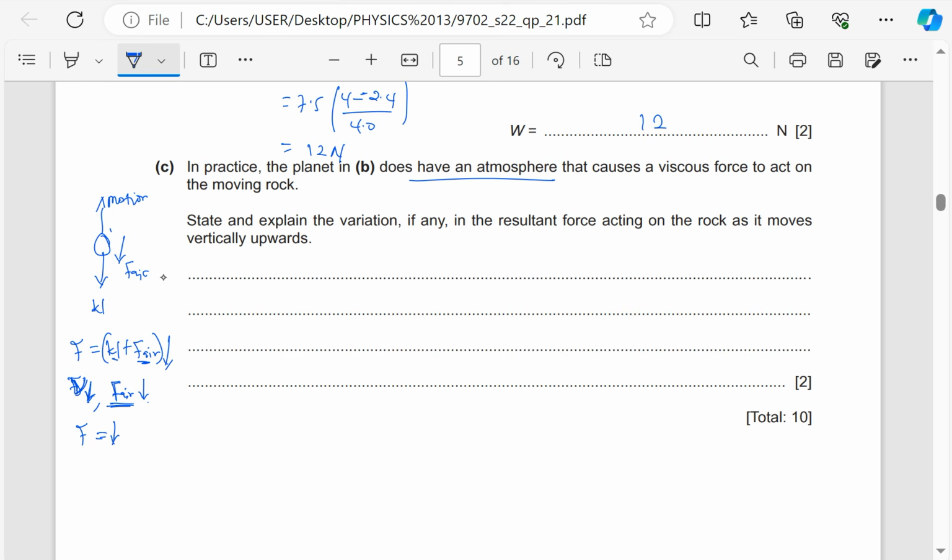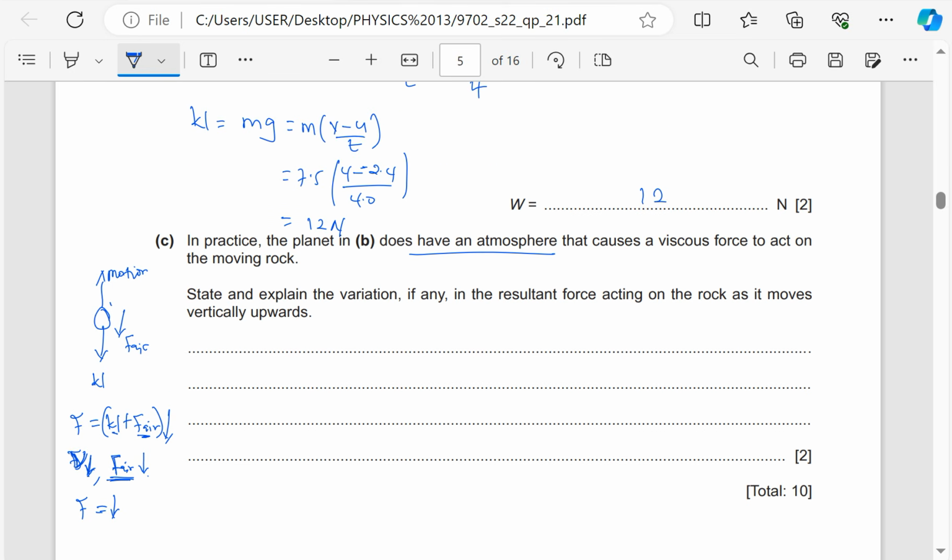So the question is, state and explain the variation, if any, in the resultant force acting on the rock as it moves vertically upwards. So number one, moving vertically upwards, the speed decreases. And if the speed decreases, it means the viscous force also decreases because it depends on the speed.